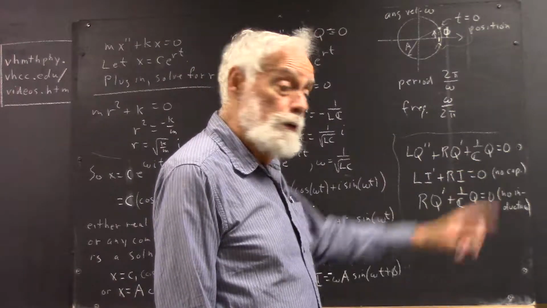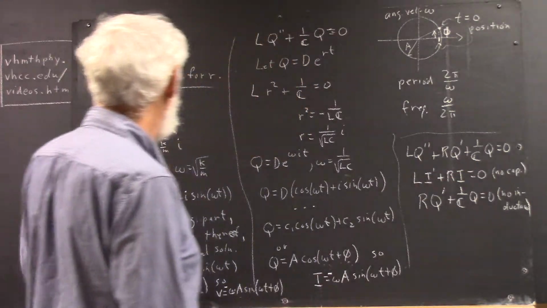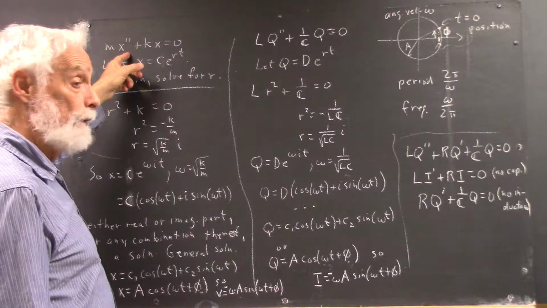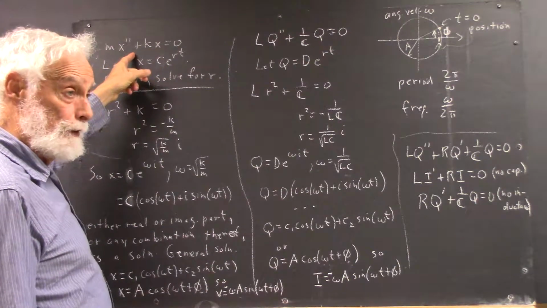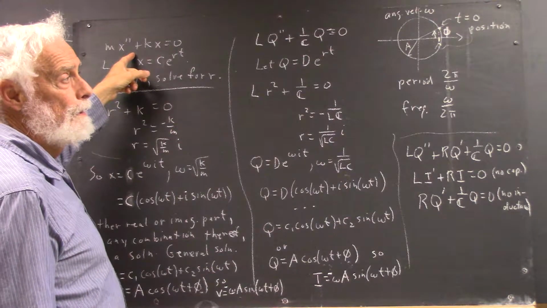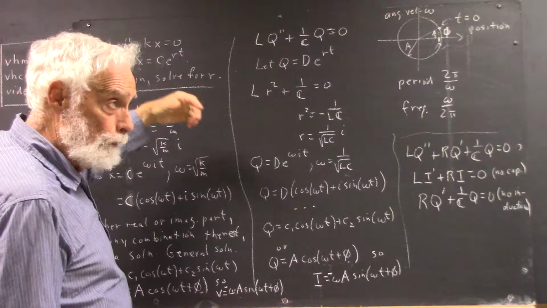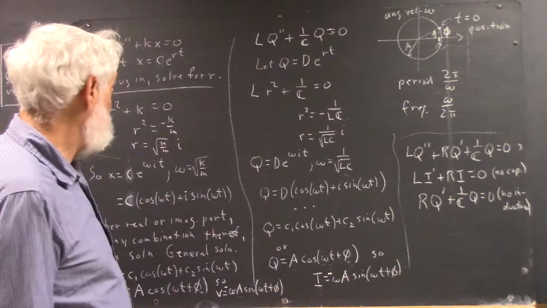Anyhow, there's your equation, completely analogous to what you would have, mx double prime plus a drag constant times x prime plus kx, if the drag coefficient is in units of force per unit of velocity, okay?